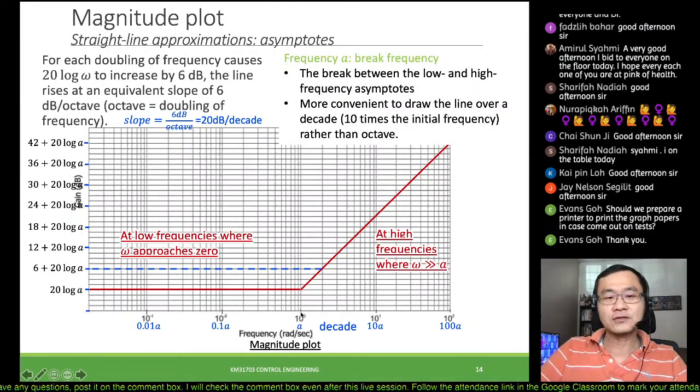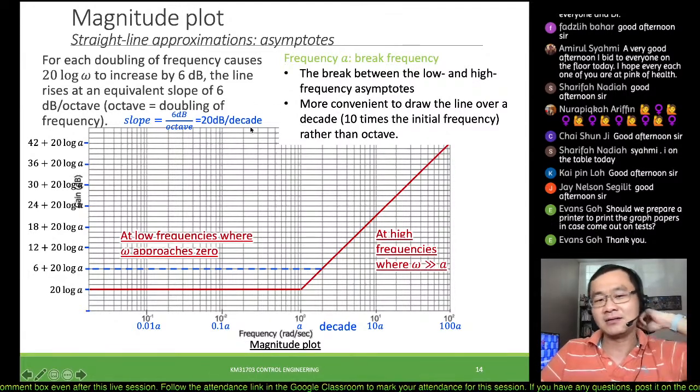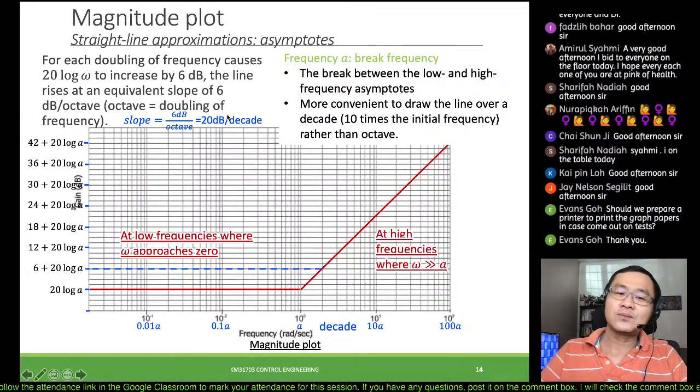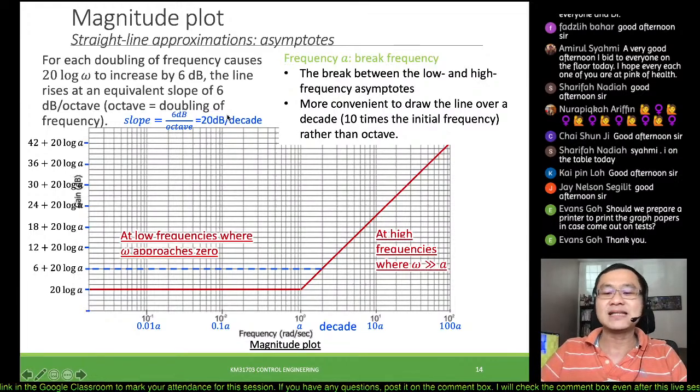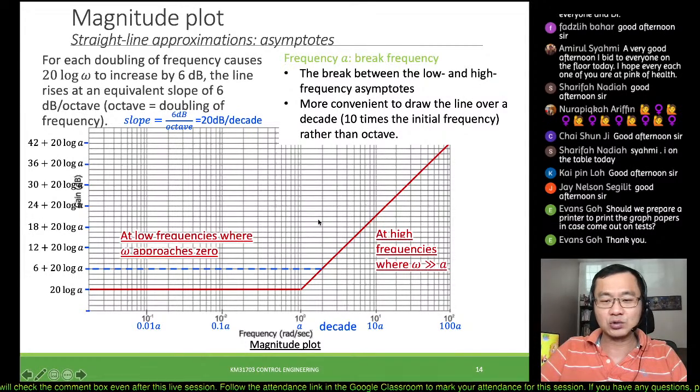So if we want to plot a more accurate line, since the longer is better, we will also use an easier way of plotting it. We call it 20 dB per decade. So you look for a 20, you add 20 here, and you just draw a straight line from this point to that one.